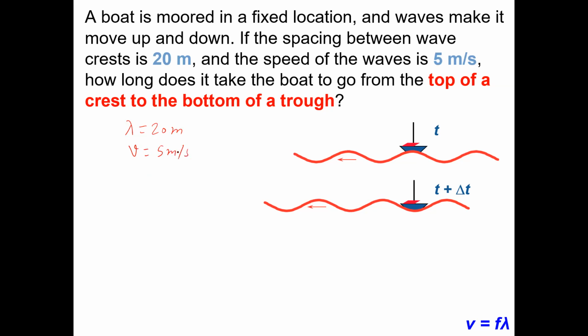Yes, that is given. Now you have to calculate how long it takes the boat to go from the top of the crest to the bottom of the trough. So that's one.